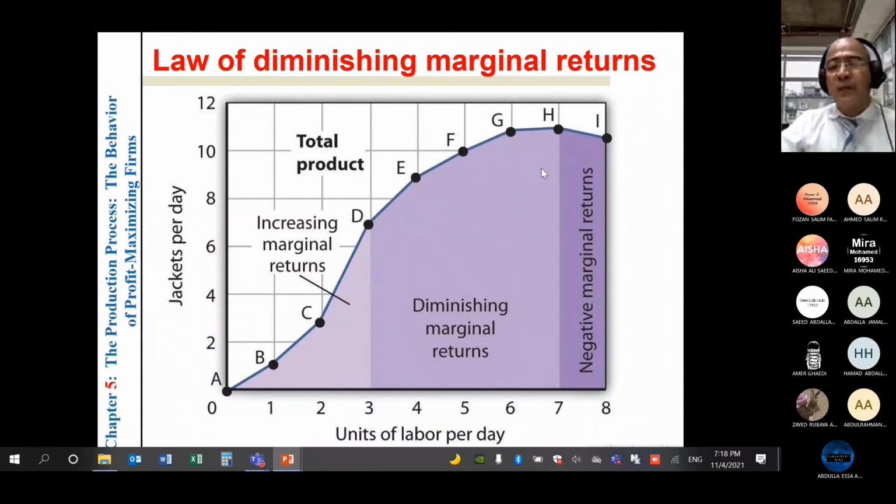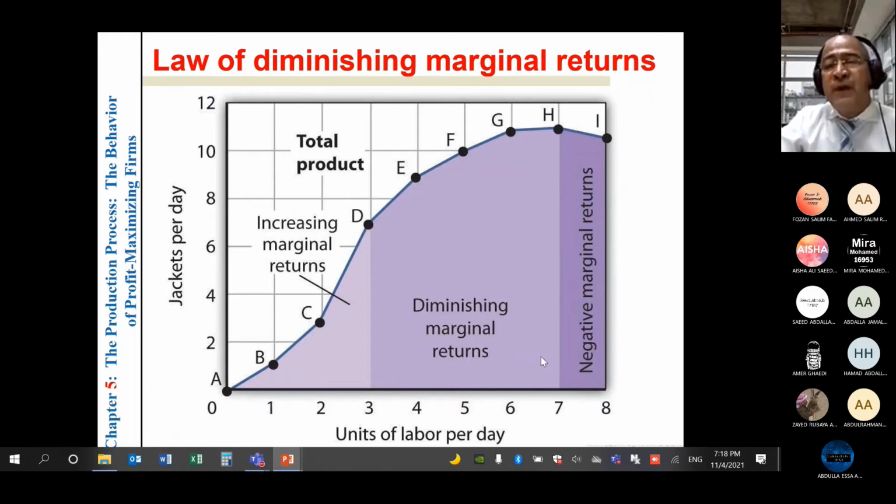in total product. In the third stage of production, if Zayed exaggerates adding more units of labor, see here at point H, we reach full capacity. This is determined by fixed capital. This is the maximum amount of output that can be produced.